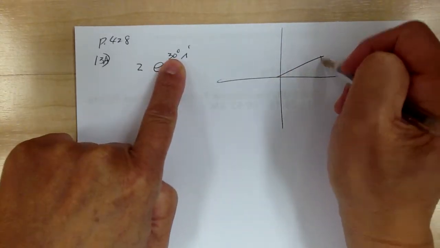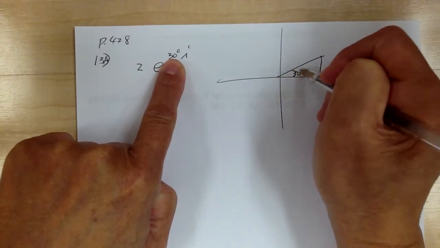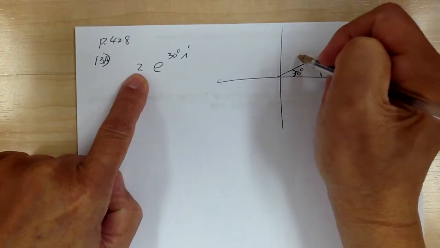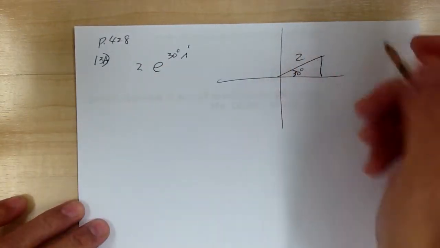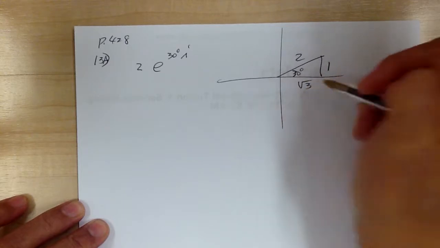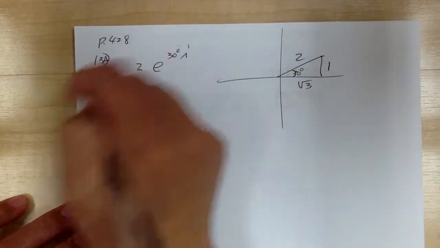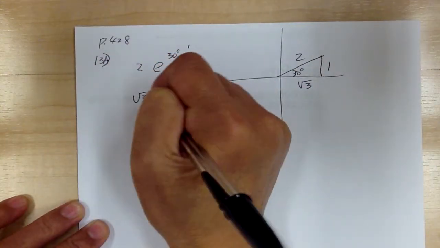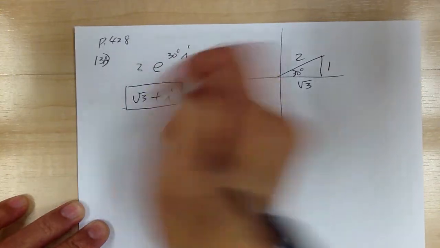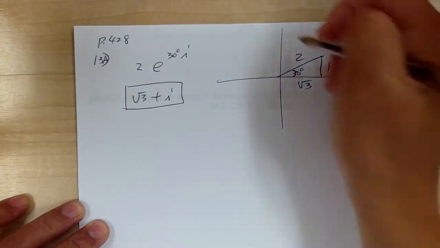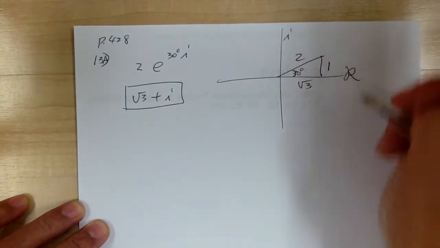Do the degree first. And then the length, the hypotenuse, is 2. So from this picture, you can see that this is 1 and this is square root of 3. And so this is going to be equal to square root of 3 plus i. Because this is imaginary, this is real. And that's it for 13a.